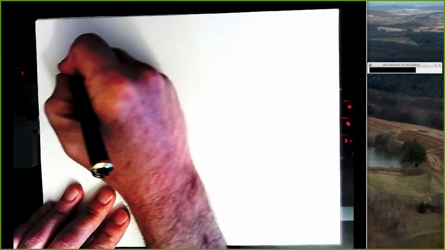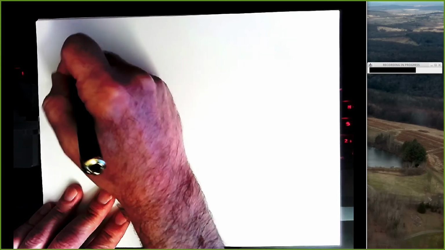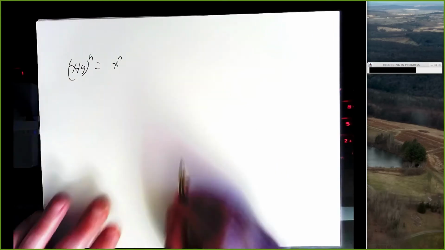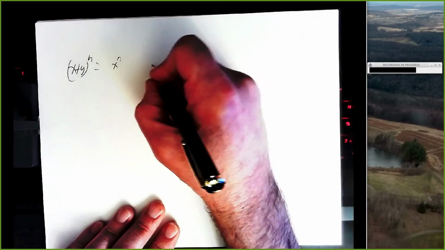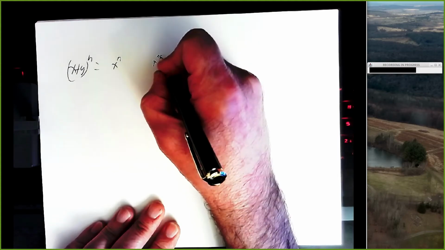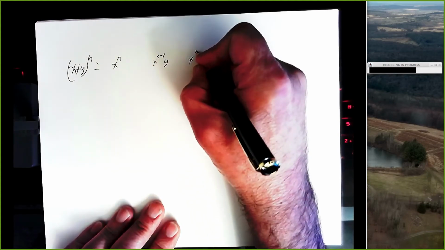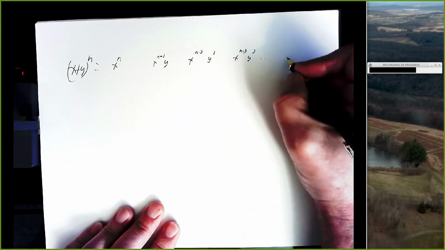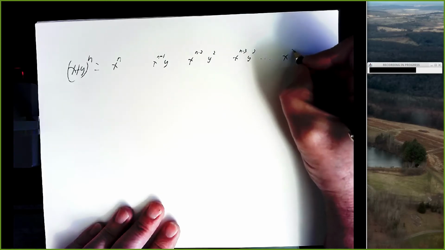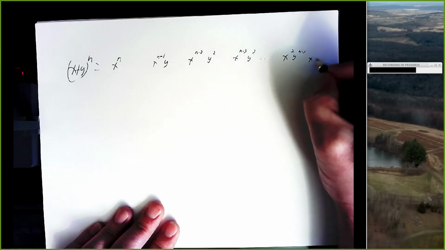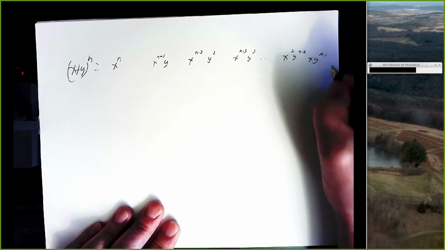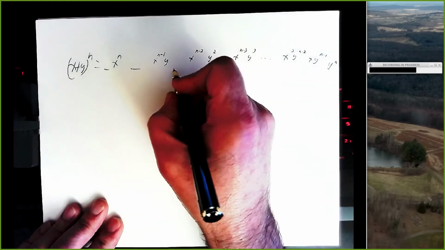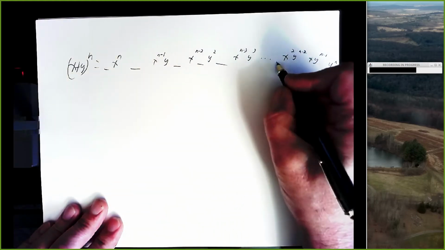So x plus y to the n. So your monomials are going to be x to the n, x to the n minus 1 y, x to the n minus 2 y squared, x to the n minus 3 y cubed, dot dot dot, x squared y to the n minus 2, x y to the n minus 1, and y to the n. And you've got coefficients in front of these, and you add these all together.